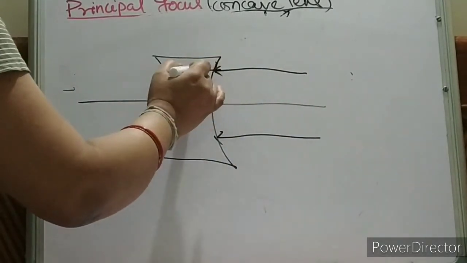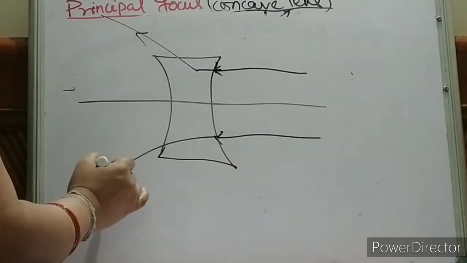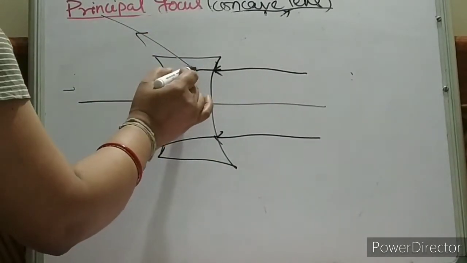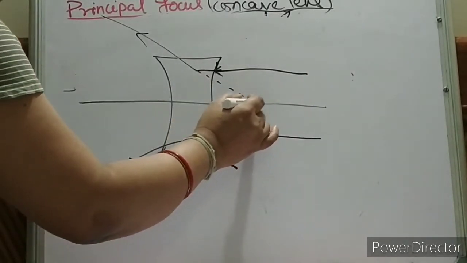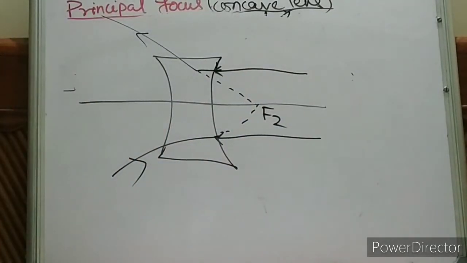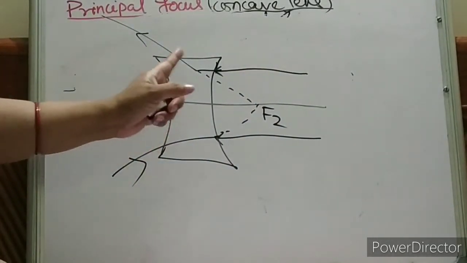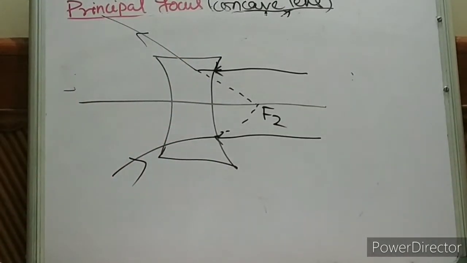When it strikes the surface, it will diverge like this. So what you will do? Produce back. Now this is your other focus. So we have two foci for the concave lens also, like the convex lens.